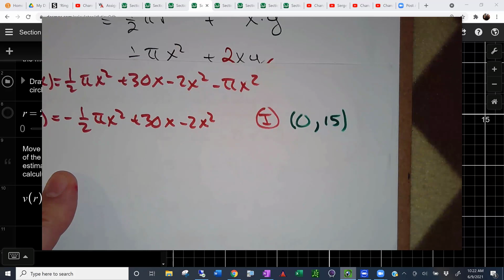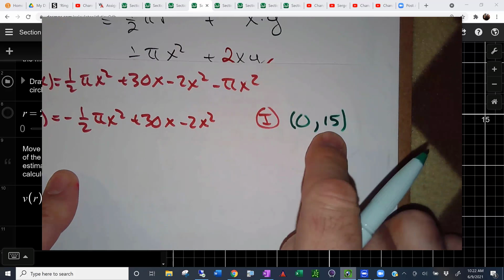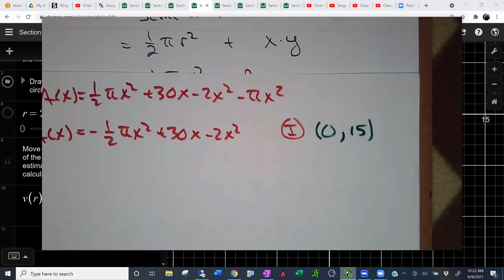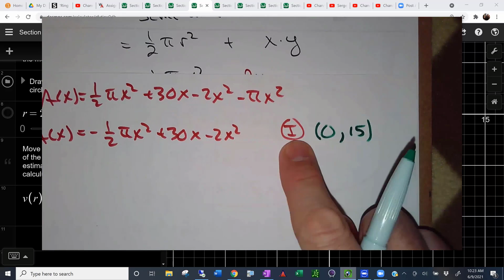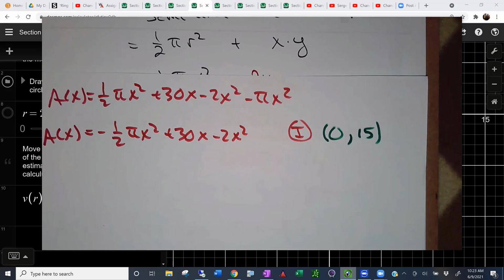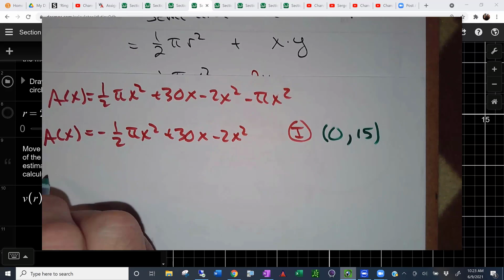And again, if you're at 15, you're running out of material for everything else. In fact, I think probably somewhere above 7.5 is going to be the largest that x could be. Well, we'll just keep a general, friendly 15 here.